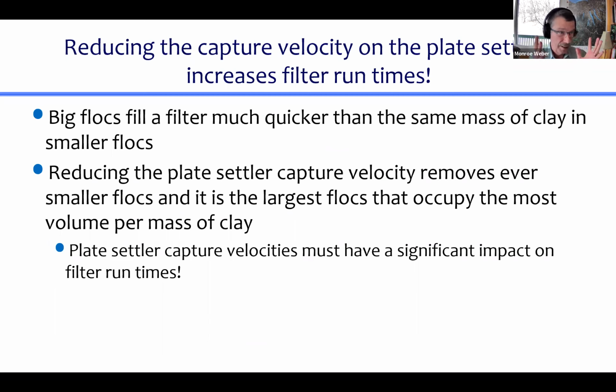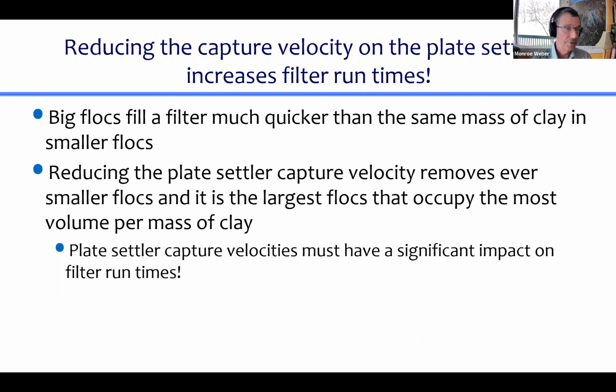Here's something about connecting how the rest of the plant works and how the filter works. If we were to improve the performance of the clarifier, then there would be fewer particles going to the filter, and the filter would have longer run times, longer times before it starts having particles breaking through.